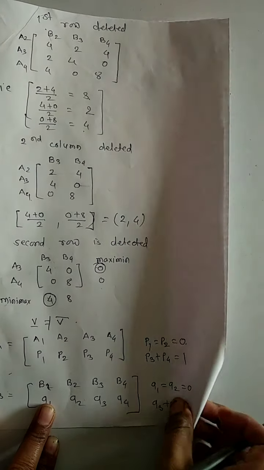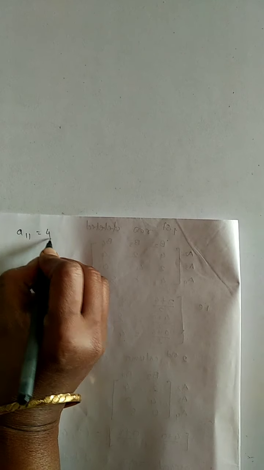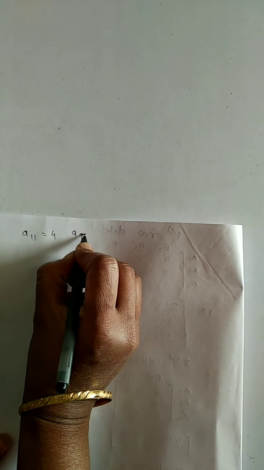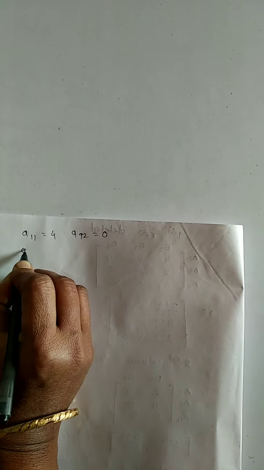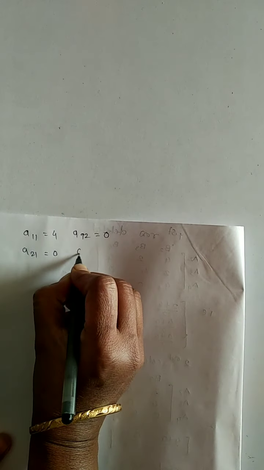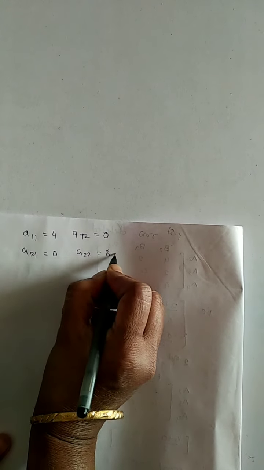And then we write the elements of this payoff matrix: A11 is equal to 4, A12 is equal to 0, A21 is equal to 0, and A22 is equal to 8.